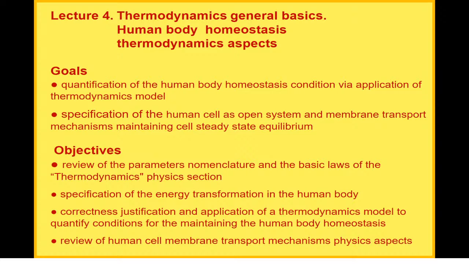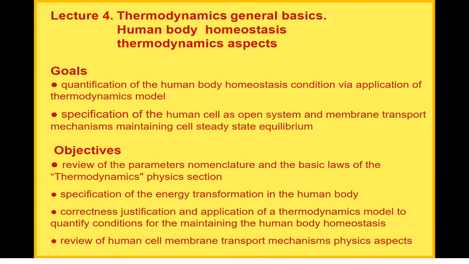And we want to specify the energy transformation just in the human body. But we should be sure that we will follow the correct way, that it is correct to apply a thermodynamics model to the human body. So it is task number 3 for us to justify that application of the thermodynamics model to the quantitative description of the energy transformations inside the human body.